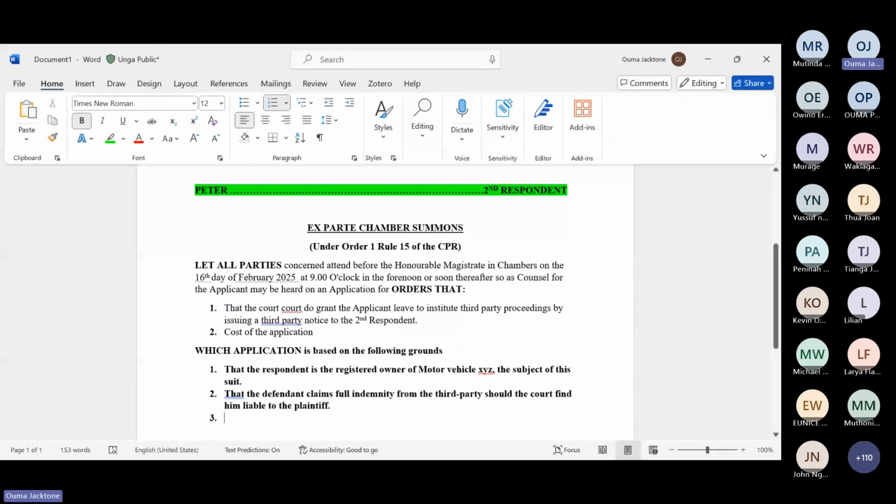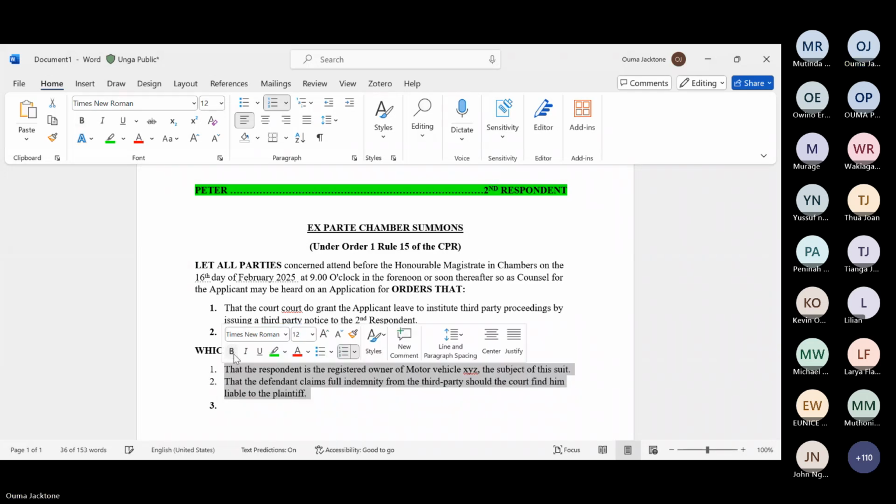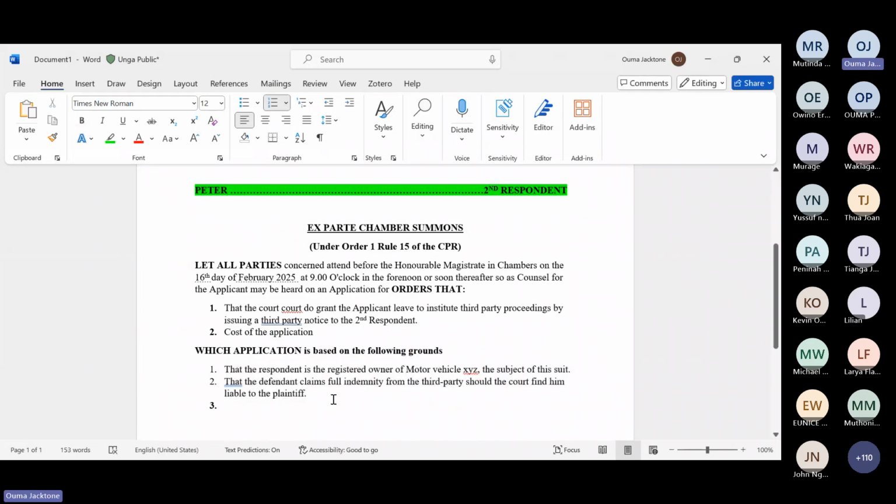So the list goes on and on. Let me just remove this. I'm just creating these reasons because we don't have a specific fact pattern with us.